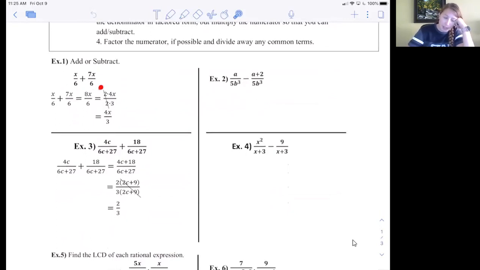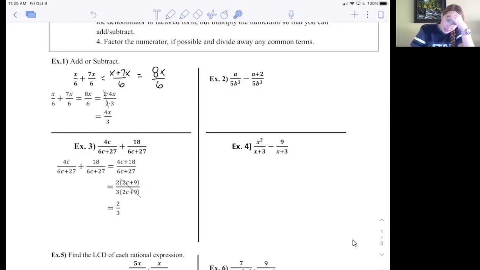So example 1 right here, we have x over 6 plus 7x divided by 6. My denominators are the same, so I just keep the denominator, and then I just add x plus 7x. That gives me 8x divided by 6.